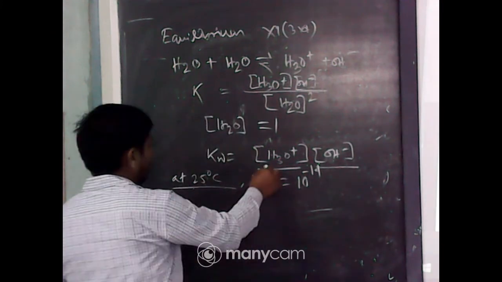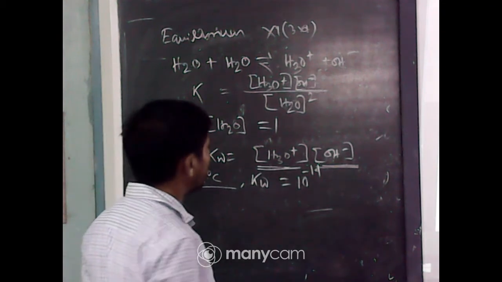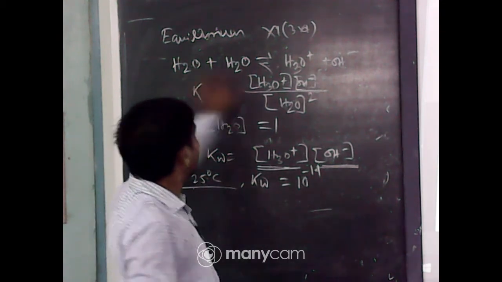Now, the concentrations of these two species in the solution are equal, as shown by the equilibrium equation.